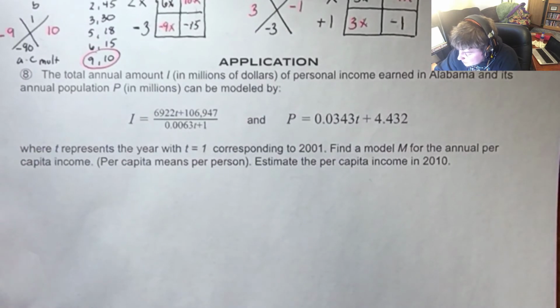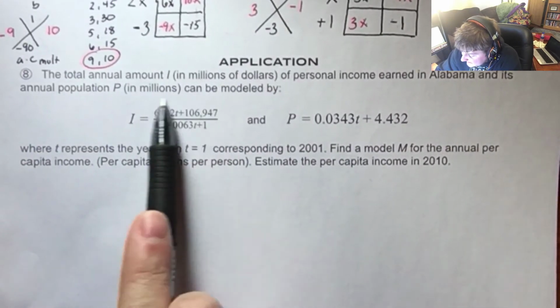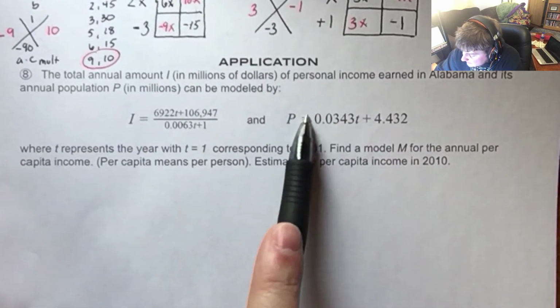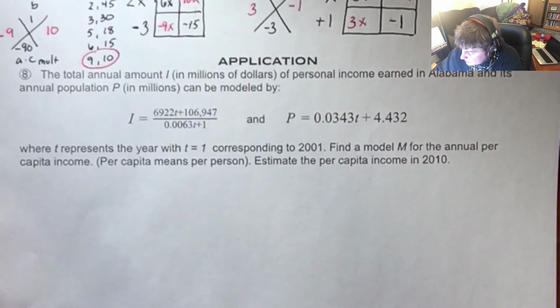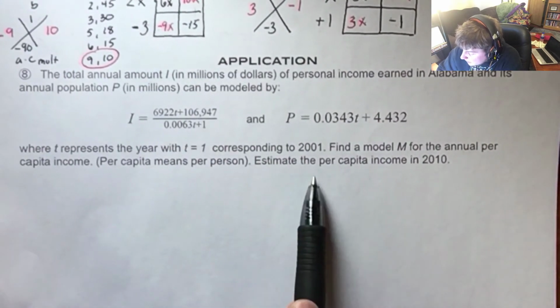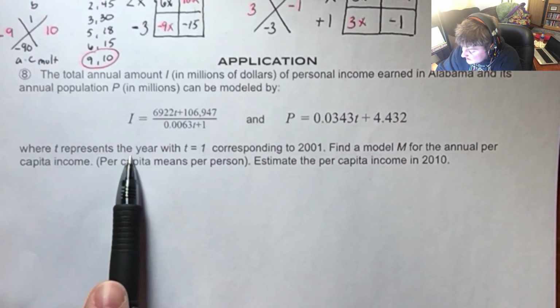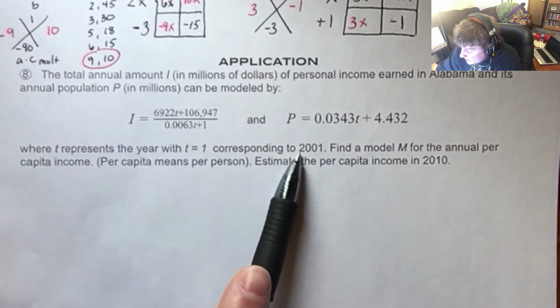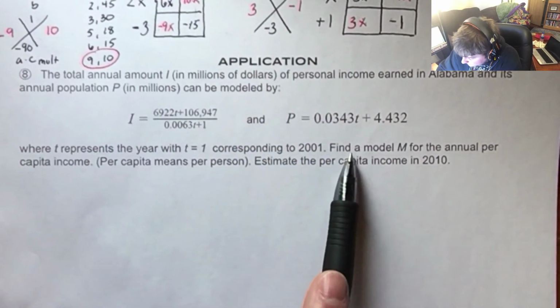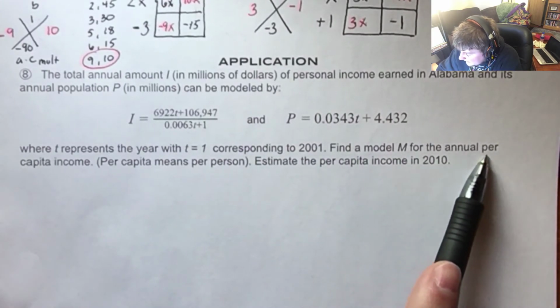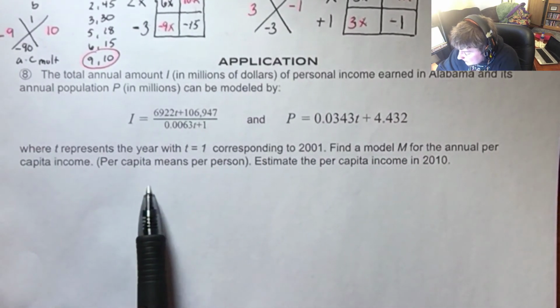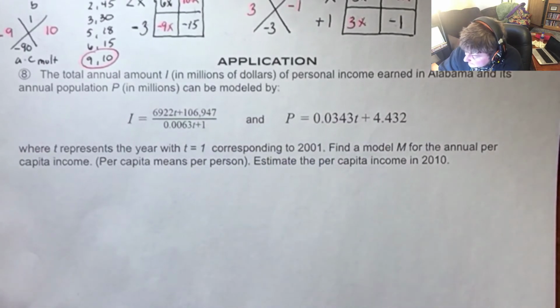We know T represents the year, with T equal to 1 representing 2001. Find a model M for the annual per capita income and then estimate it in 2010.